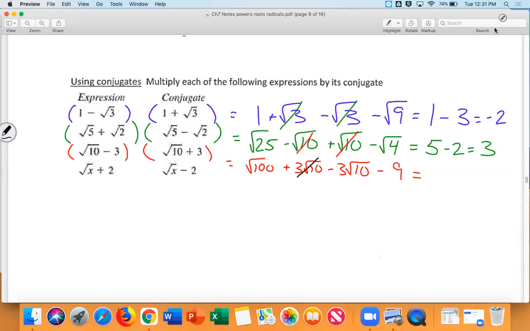Notice these cancel. And I have 10 minus 9, which is 1. And the last problem, when I FOIL that out, I'm going to get x minus 4.